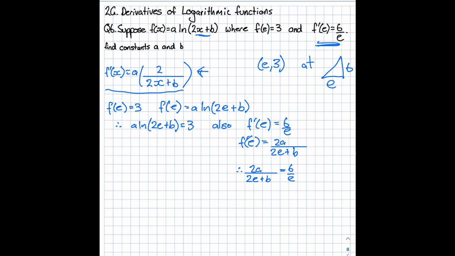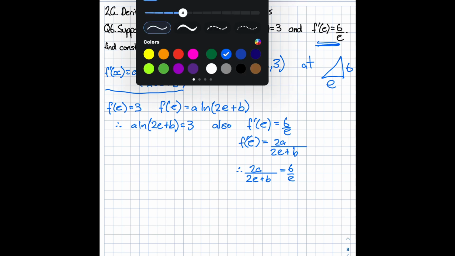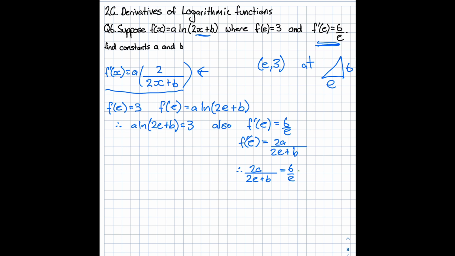All right, so there's a couple of ways we can do this. At the moment, I look at this and I think, when we did this one in class, I would multiply this by e over 2, both sides. And the reason I would do that is it would make this side here equal to 3.